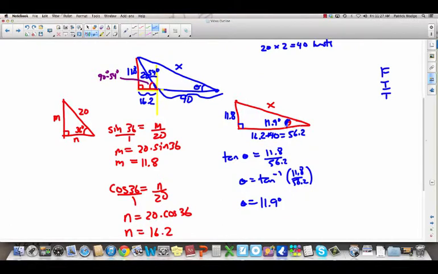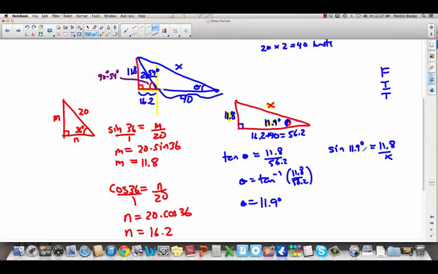So you could use the Pythagorean theorem, or you could now use this angle and either one of these two sides to get x. I'm going to use this angle, 11.9, and this side to get this. So if I look from the angle, this side is 11.8, it's opposite, this is hypotenuse. So that's sine. Sine of 11.9 degrees is opposite, which is 11.8, over x.